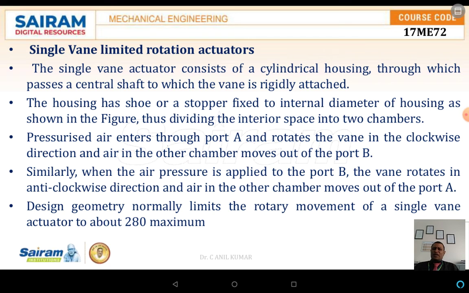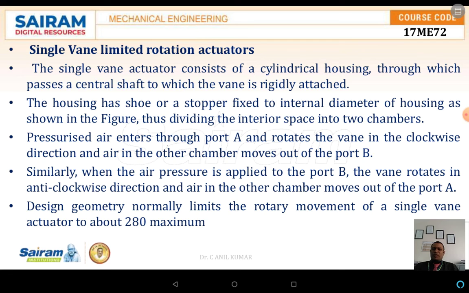The pressurized air enters through the port A and rotates the vane in the clockwise direction, and the air in the other chamber moves out through the port B. Similarly, when the air pressure is applied to the port B, the vane rotates in the anti-clockwise direction, and the exhaust of the air is from the port A.